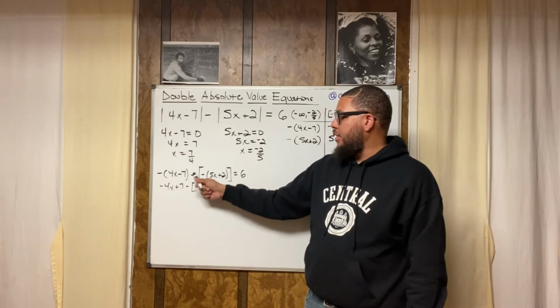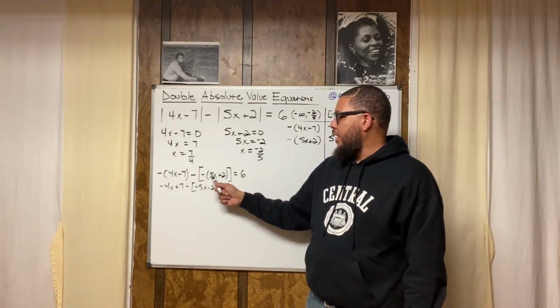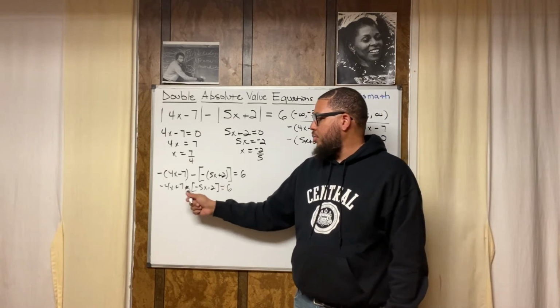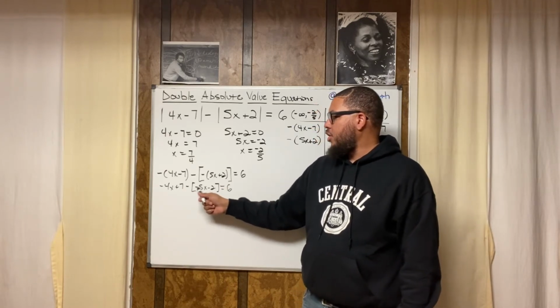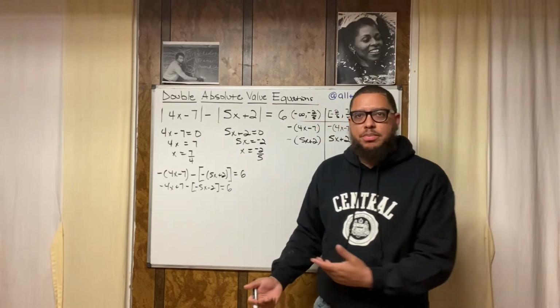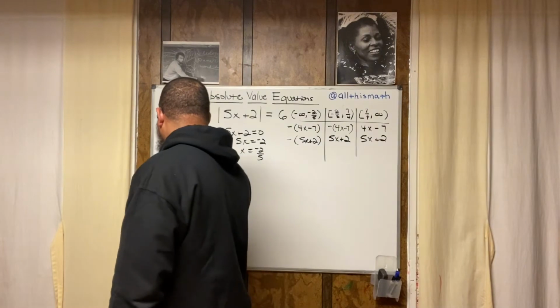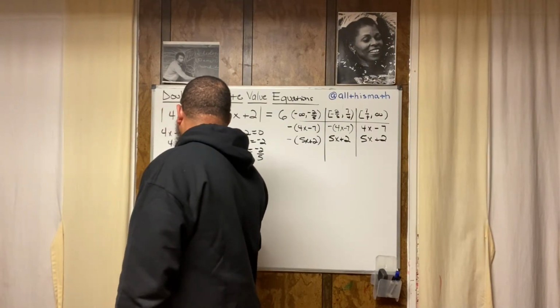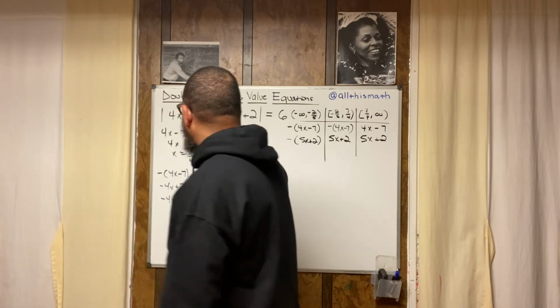Then I still got the minus sign and the bracket, and here we got negative 5x, and here we got minus 2 equals 6. So now I'm going to distribute this negative to both of these terms. It's really a negative 1 that's being multiplied, right? So we got negative 4x plus 7 plus 5x plus 2 is equal to 6.